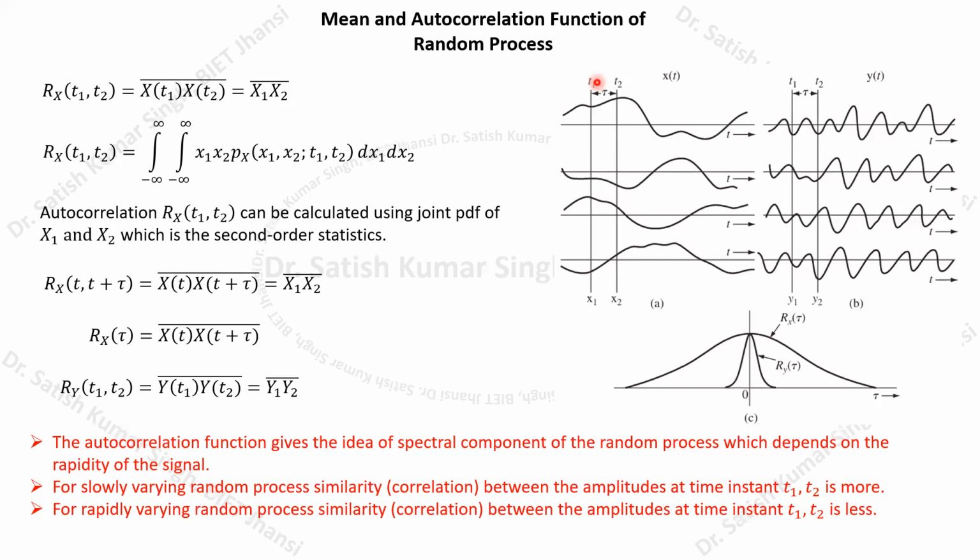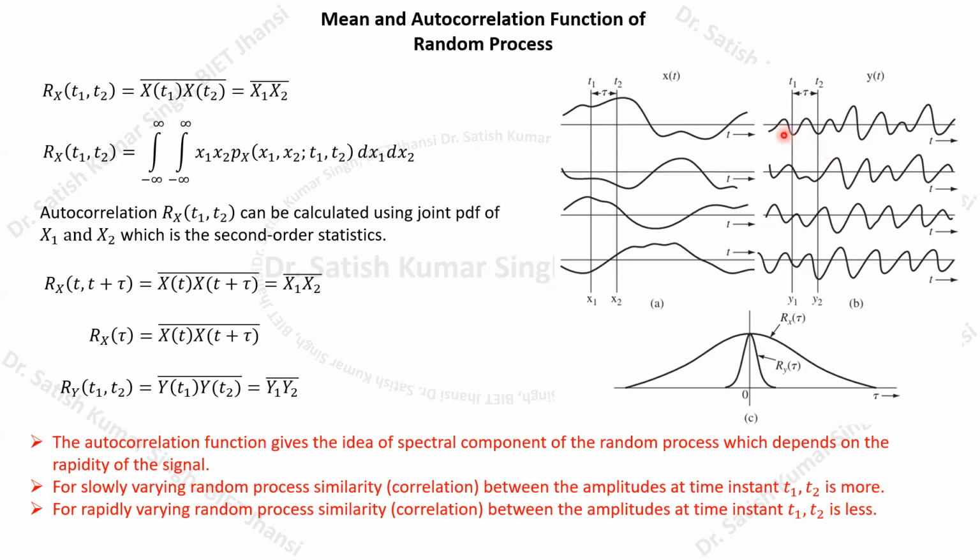In this case, there is a correlation between sample to sample, and there is not much variation of the amplitude of your signal when we move from one point to another. But in this case, there is much more randomness, much more variation in the signal over time.